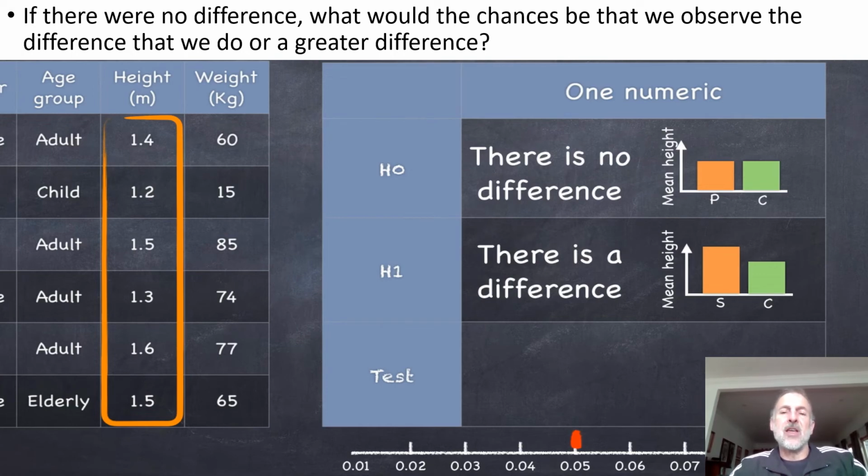And of course, we will take an alpha value of 5%. So if the chances are less than 5%, people, then we can throw it out and state that what we observe is definitely statistically significant.